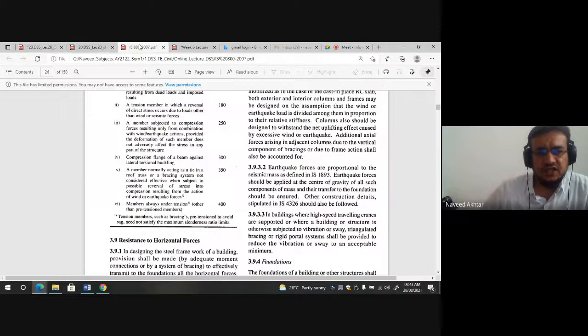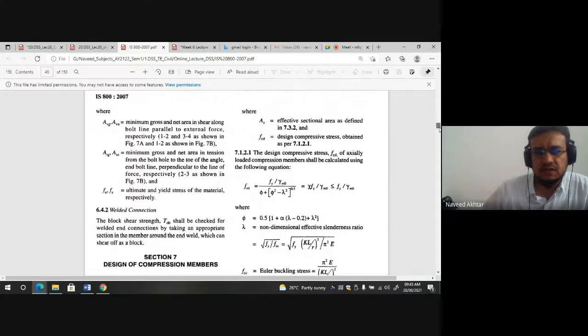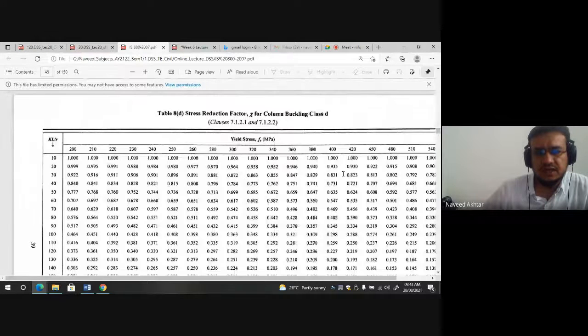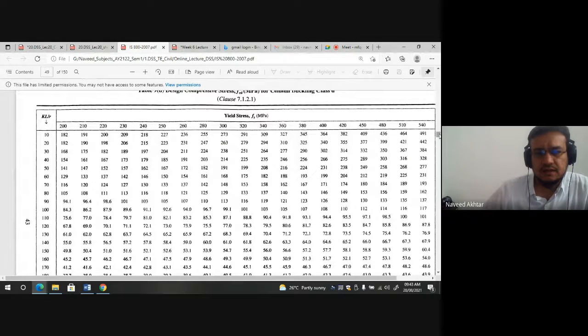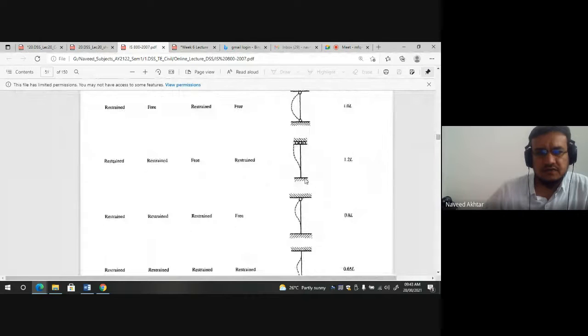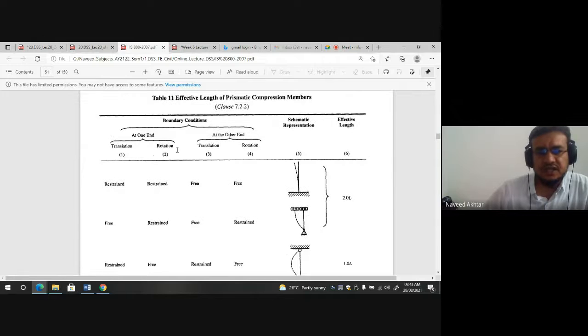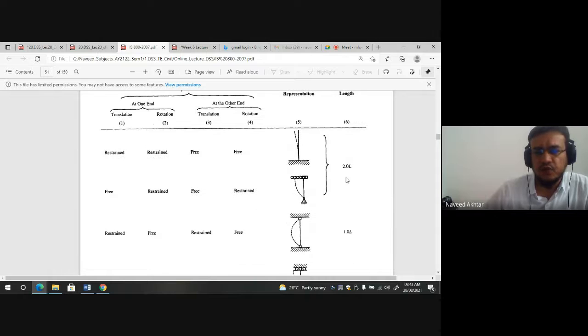If you open IS 800:2007, the effective length is given on page number 45. This is the effective length of the column. End conditions are given, one end and the other end, then the schematic representation, and in column number 6 is the effective length, the value of K.